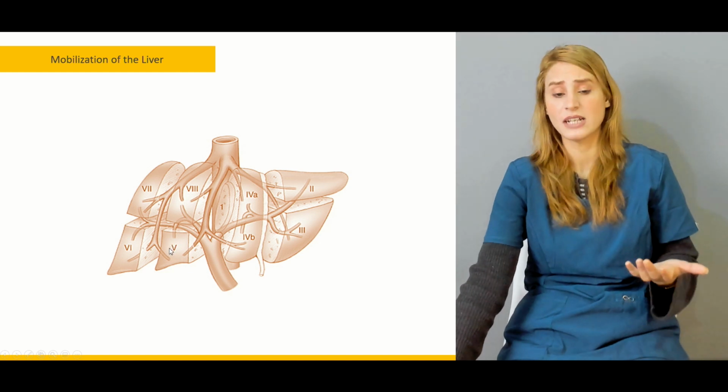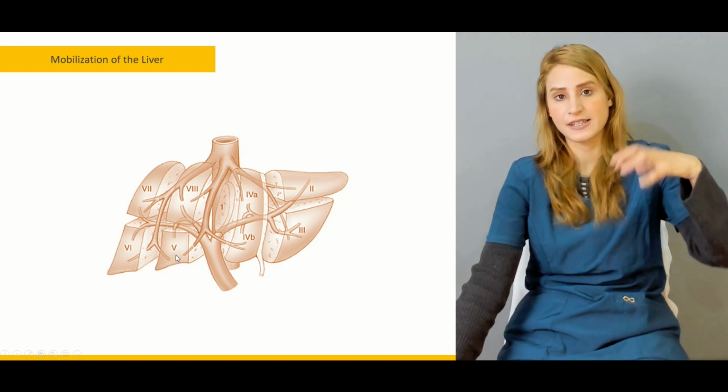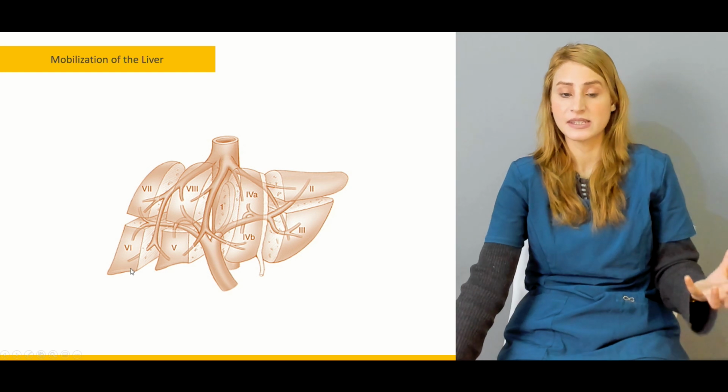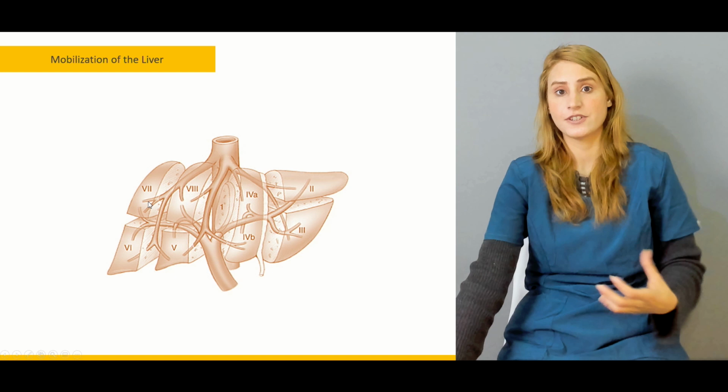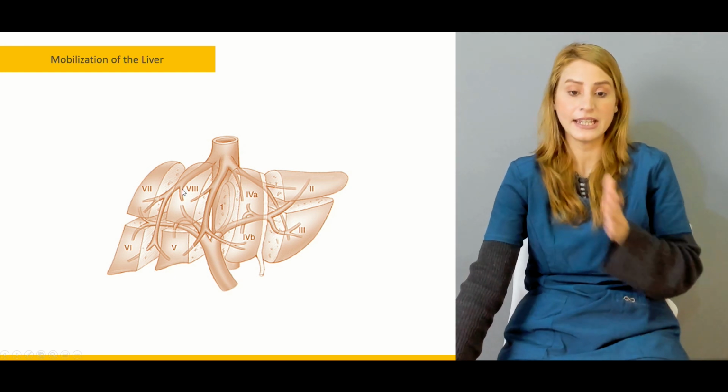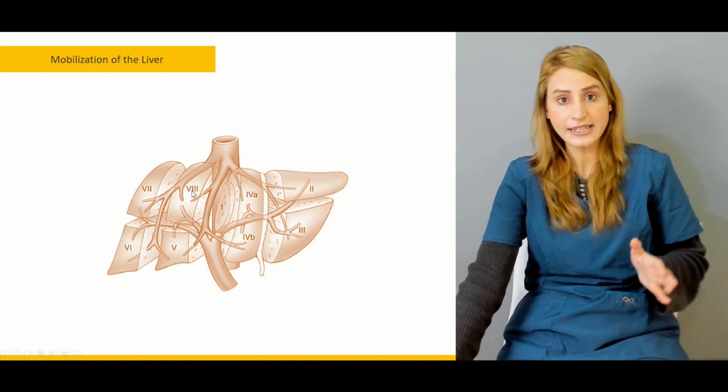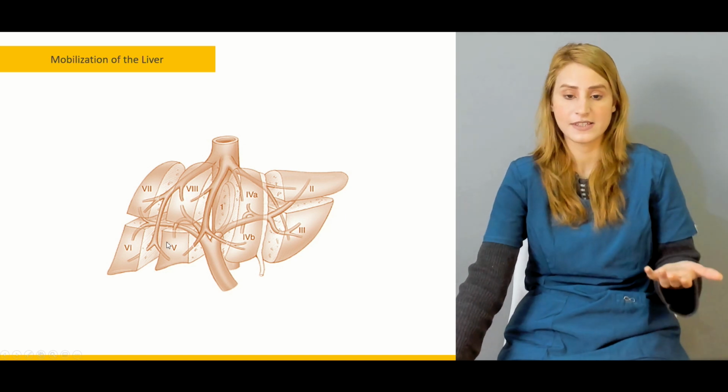Then on the right side, you have segment 5, which is inferiorly located. You have segment 6, which is inferior but lateral. Then segment 7, which is lateral but superior. And then segment 8, which is located just above segment 5.